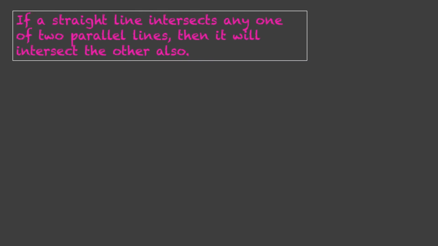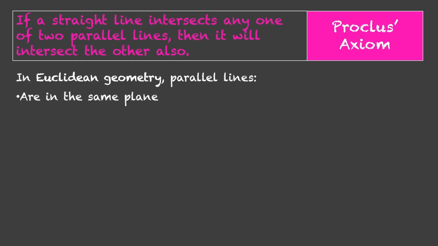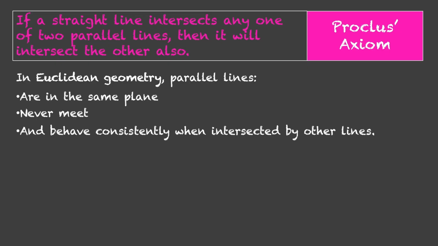If a straight line intersects any one of two parallel lines, then it will intersect the other also. Now, this is also called Proclus Axiom. In Euclidean geometry, parallel lines are in the same plane, they never meet, and they behave consistently when intersected by other lines.